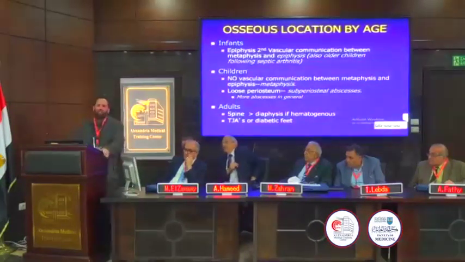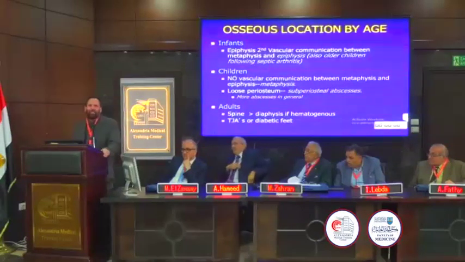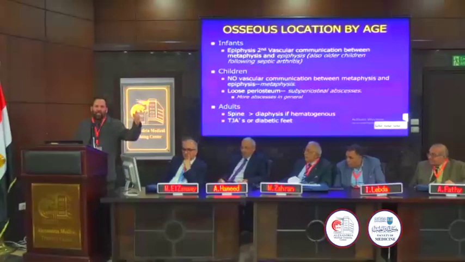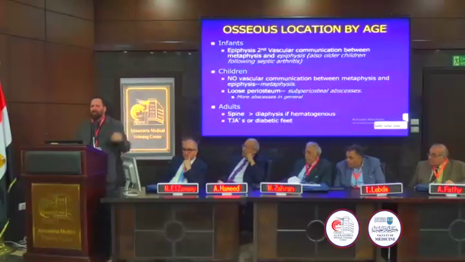Now when you have osteomyelitis, the younger you are, the more likely it is to be at the end of bone. As you get older, it goes centrally in bone. So infants, epiphysis, children, metaphysis, young adults, metadiaphysis, older adults, diaphysis.